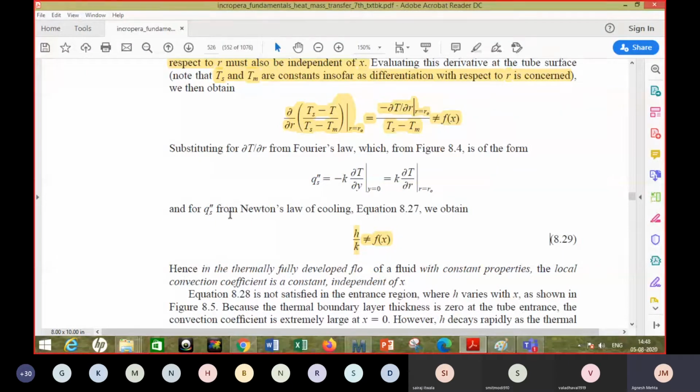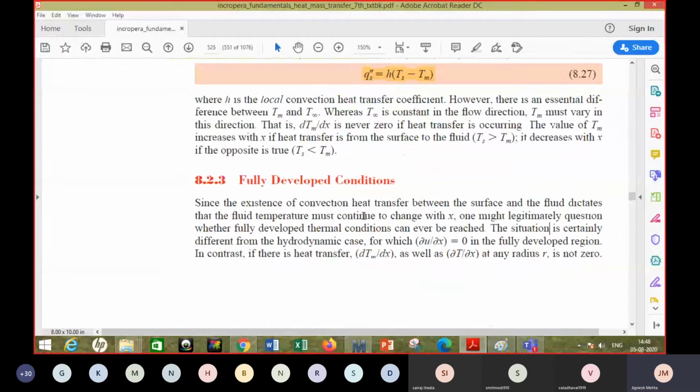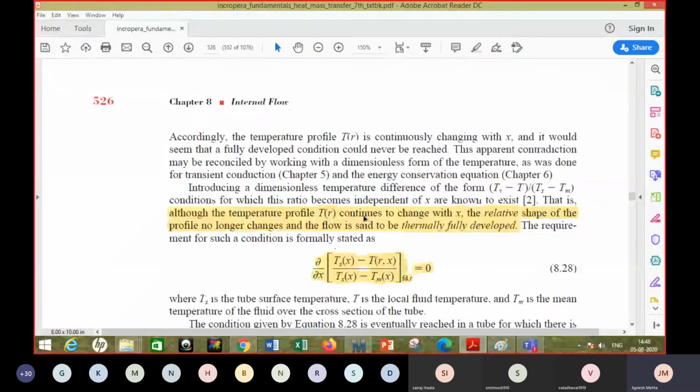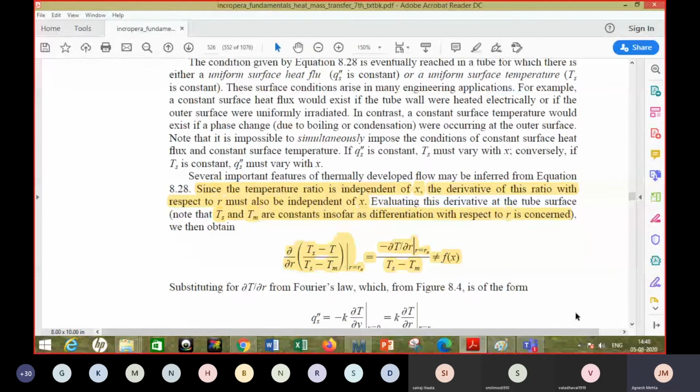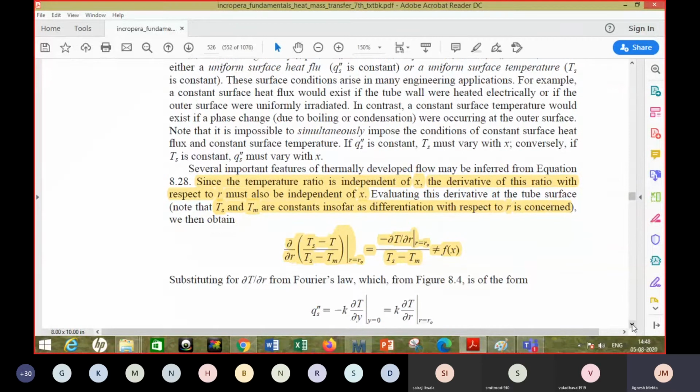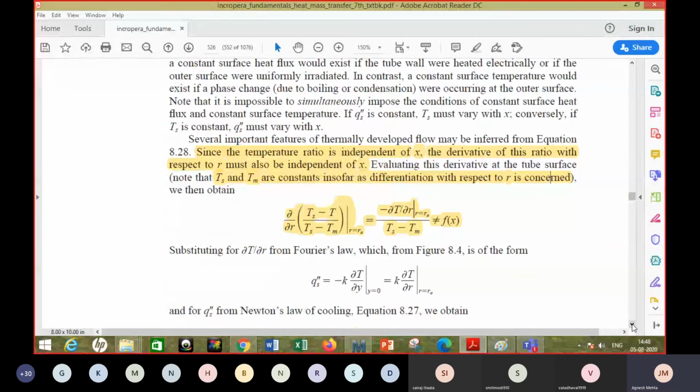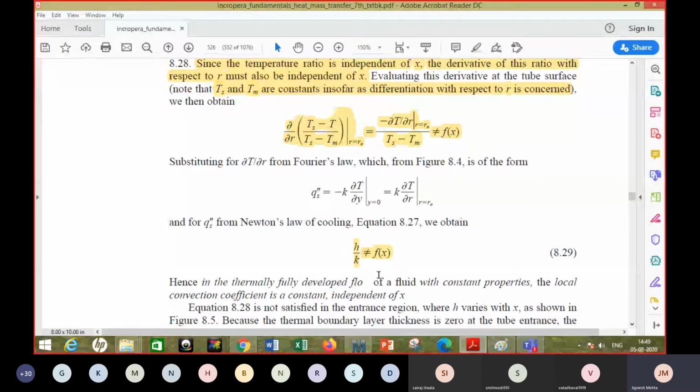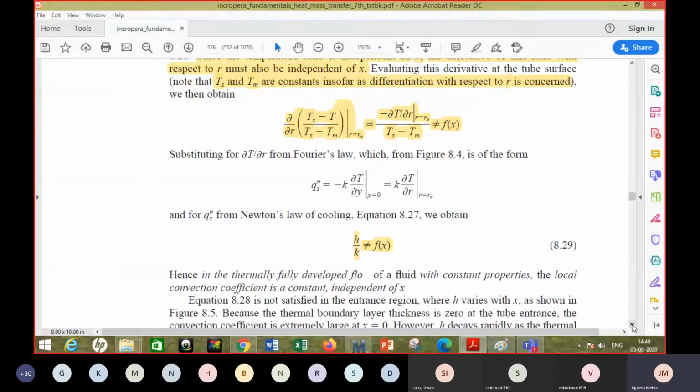Now using these equations and Newton's law of cooling, you would be able to show that Qs double prime, as shown here. If you use this equation 8.27 along with these equations, then you will be able to show that h upon k is not a function of x, right?